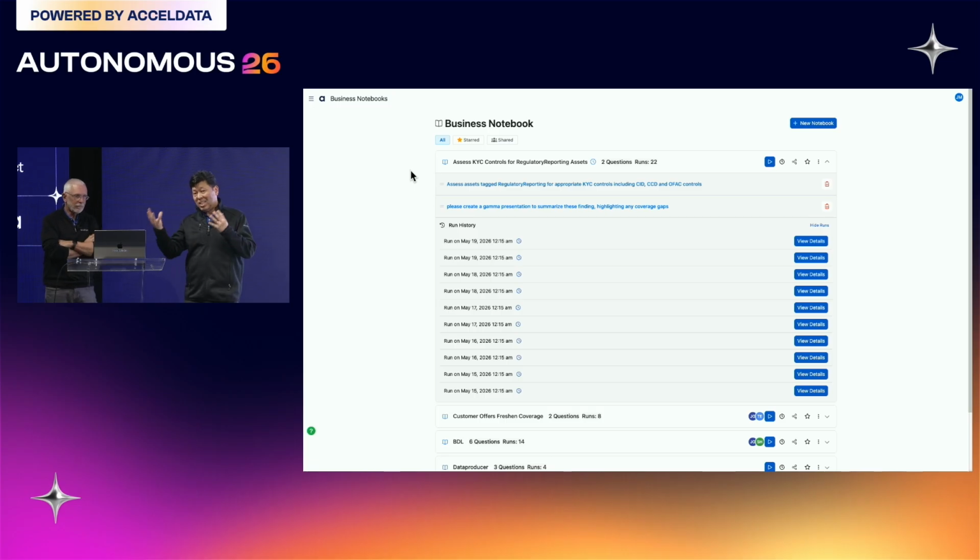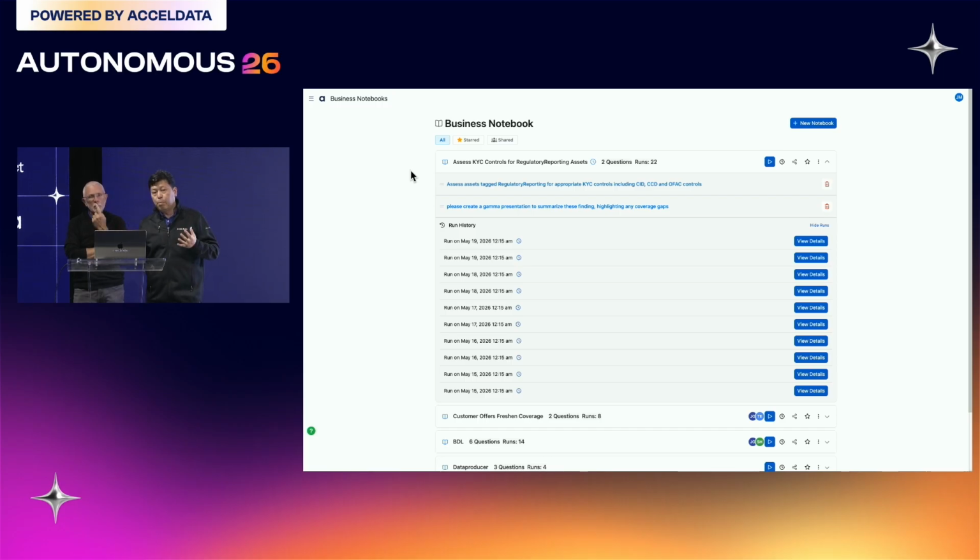So last year, we introduced the concept of the business notebook. Now, a business notebook is the way that you can store and schedule prompts that can run on a recurring basis. Now, this essentially gives you the agentic execution in a timed and controlled manner. You could quite easily just say, just alert me and run it like you do with ChatGPT today, to set it a task, and on a daily basis alert you.